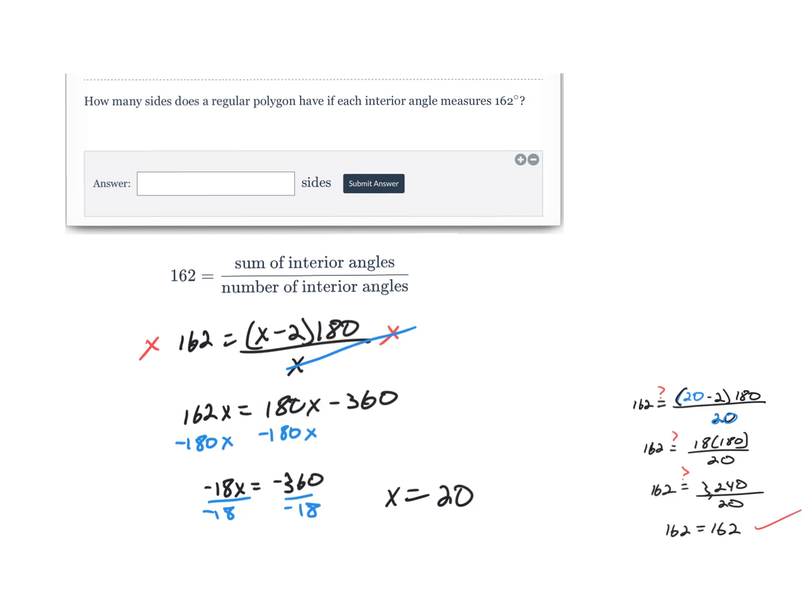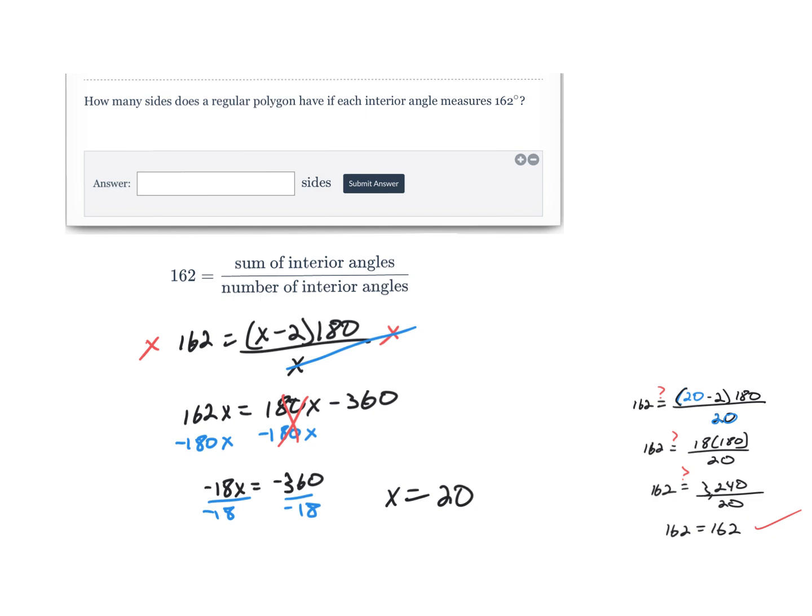Negative 2 times 180 is minus 360. Then you have an equation where you need to get your like terms together. So we're going to subtract 180x from the right side so that this cancels. And then over here, 162x minus 180x is negative 18x. And that now equals negative 360. Then you just divide by negative 18, and x equals 20.